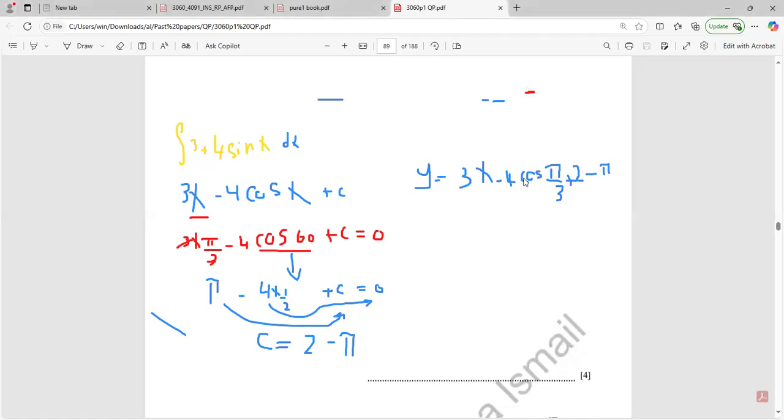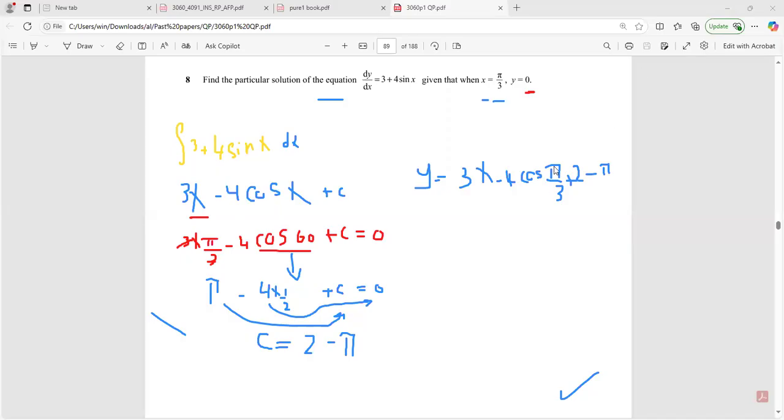Okay, and now this question is done. Let's see the next. Yeah, here you don't have to substitute, so it is cosine x, not cosine pi.